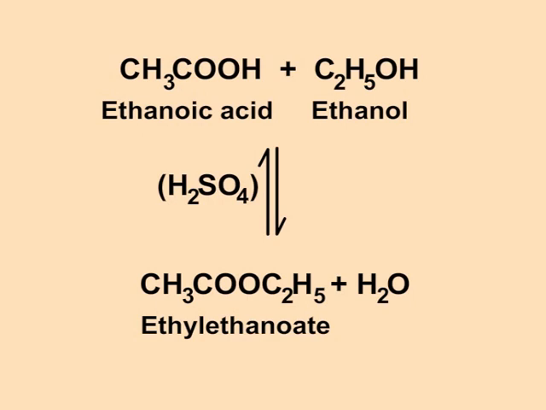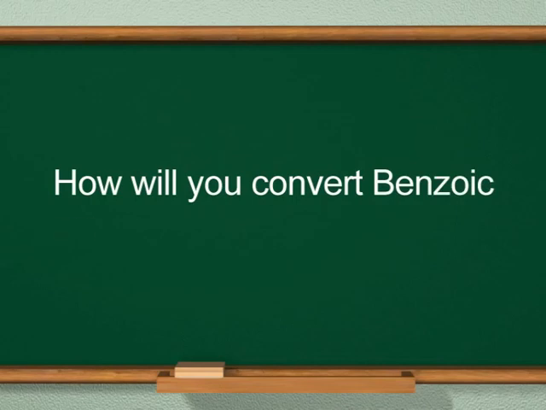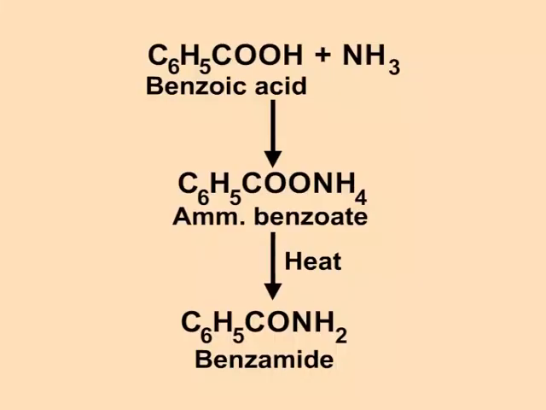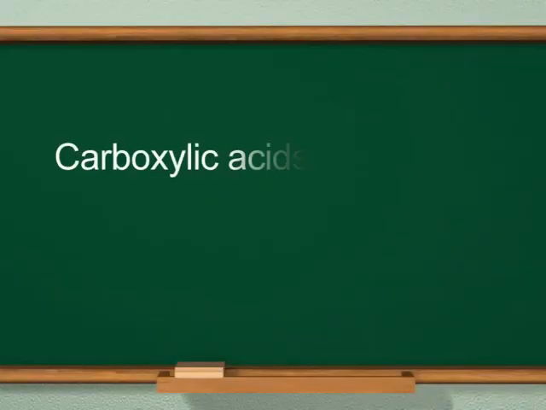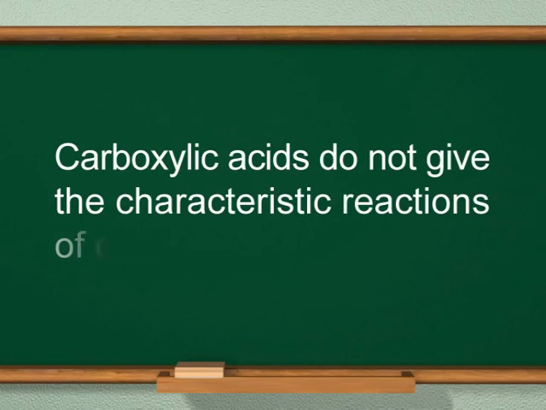And now one more question, how will you convert benzoic acid to benzamide? And the answer is, benzoic acid reacts with ammonia to form ammonium benzoate, which on being heated forms benzamide. And the next question is, carboxylic acids do not give the characteristic reactions of the carbonyl group.